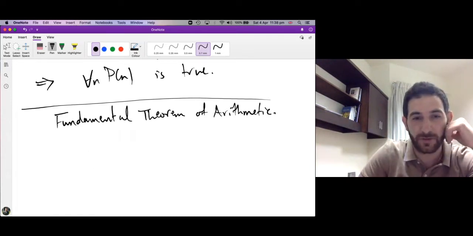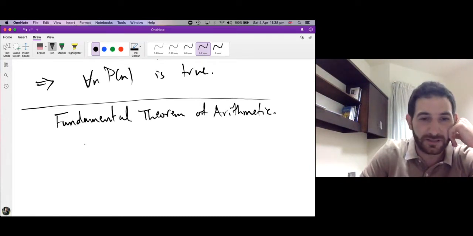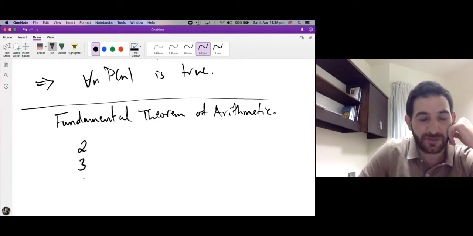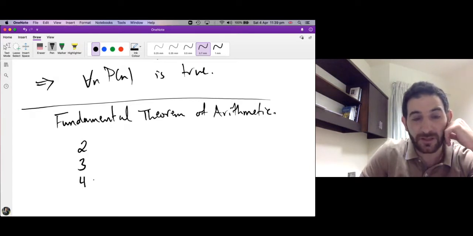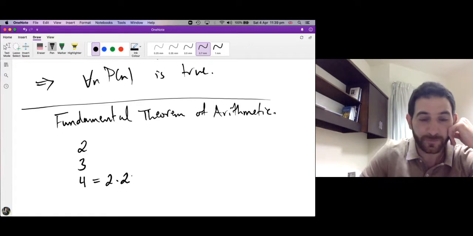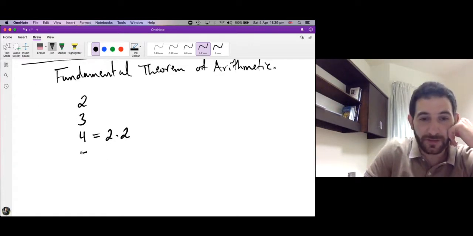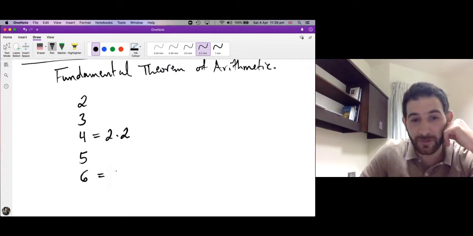So let me explain what it says. Start from 2, which is itself a prime, and then 3 is a prime as well. 4 is not, and it is a product of primes: 4 is 2 times 2, where both of these are primes. Now 5 is a prime, 6 is not, but it is the product of primes, 2 times 3.